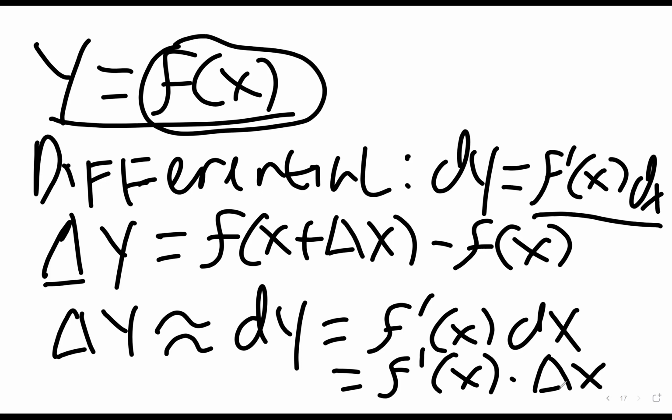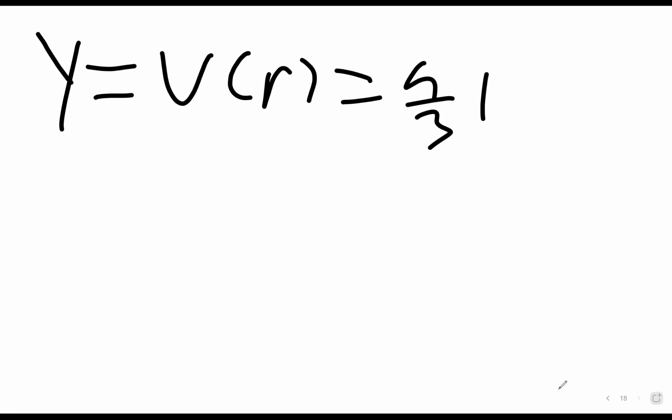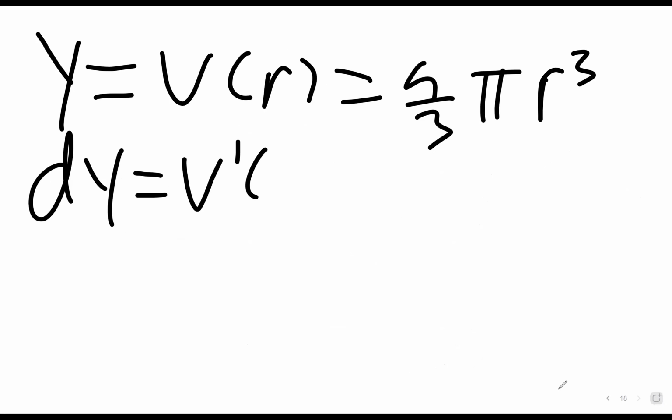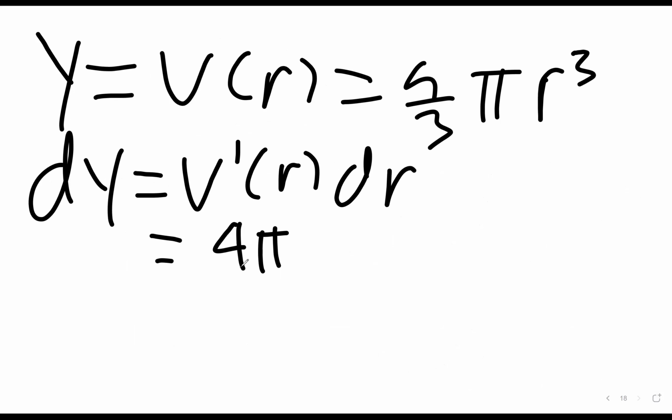Then if y equals V of r equals 4/3 pi r cubed, dy here is f prime of r dr. So in this case, you have 4 pi r squared dr.